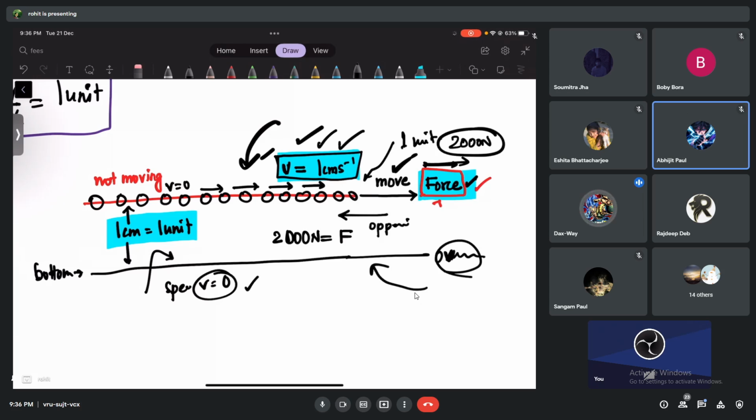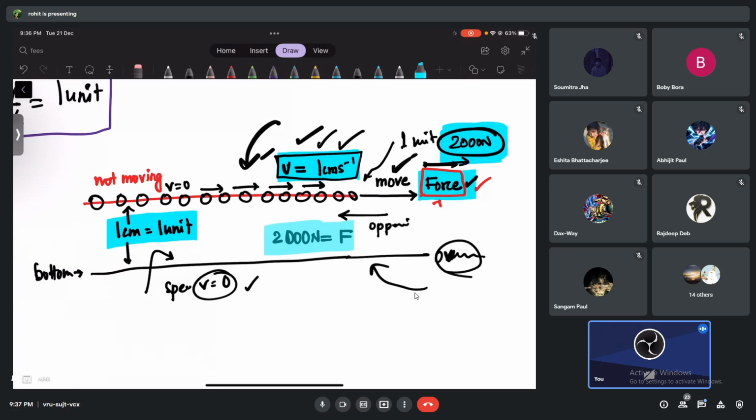At least 2000 newtons. The more the force you need to apply to maintain this velocity gradient, the more viscous the liquid. It is a viscous liquid.